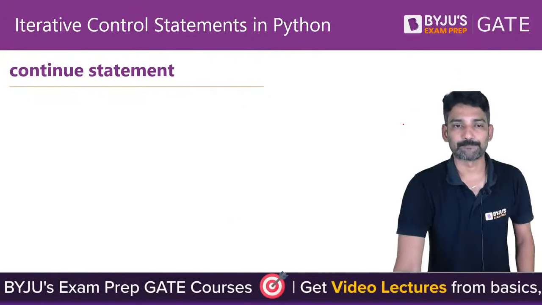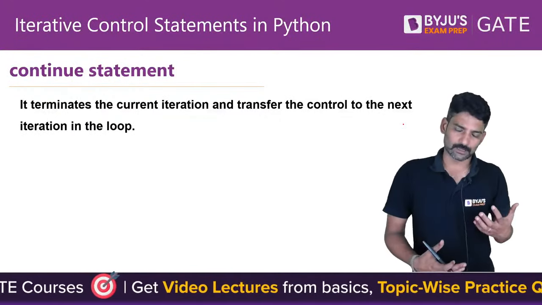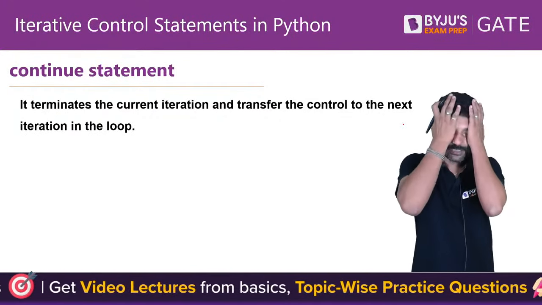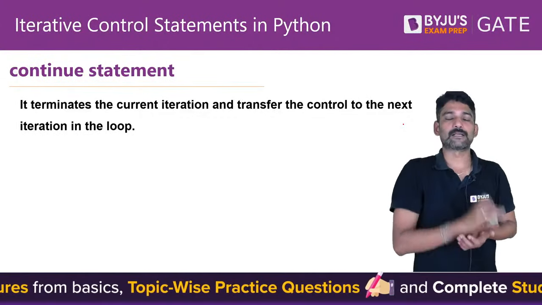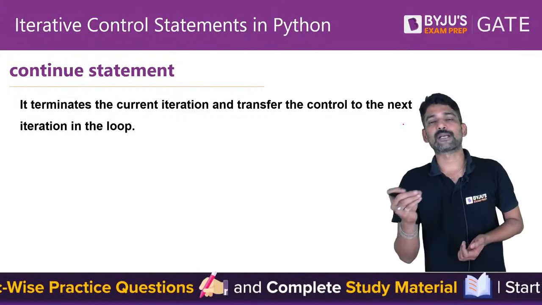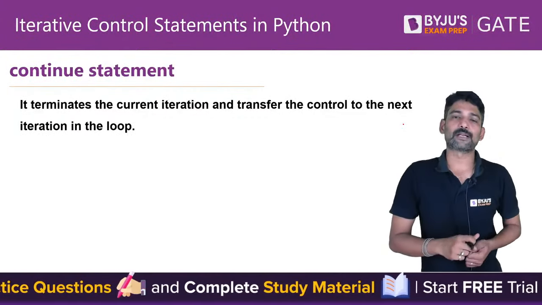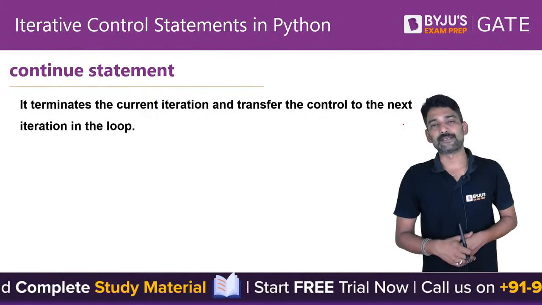And yeah, continue. Similar to other languages, the significance of continue: whenever upon a certain value or condition you say continue, for that particular iteration the rest of the statement execution is skipped.